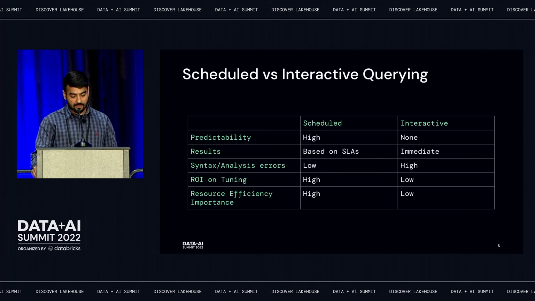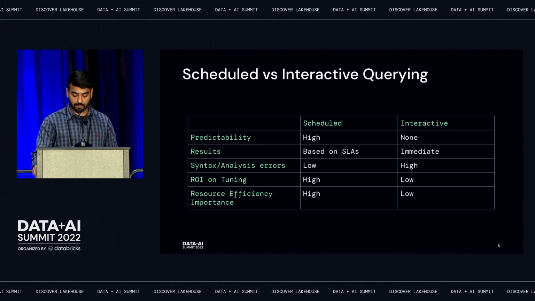And similarly, resource efficiency is very important for scheduled queries. But for interactive querying, it's the developer's velocity that is more important. All right. Hopefully, we are on the same page on why scheduled querying and interactive querying are very different. Because of these differences, the underlying system needs to be different as well. This is the part we'll be talking about in the rest of the session.